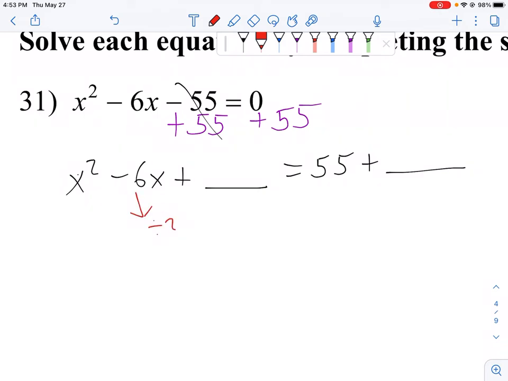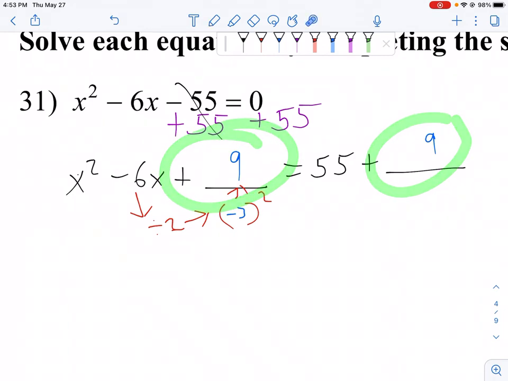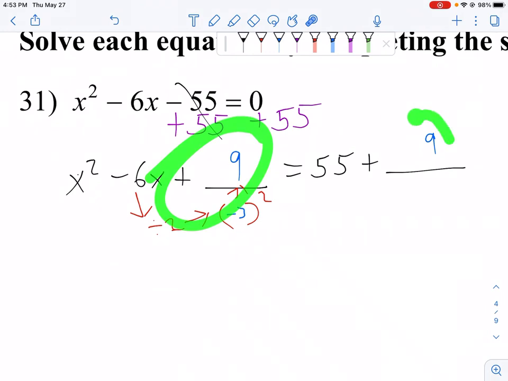So we're going to cut it in half by dividing by 2. And then once we've found half of it, we're going to square that value, and that's what goes up here. So negative 6 divided by 2 is negative 3, and negative 3 squared is positive 9. Again, this is a scale, so as long as I add 9 to both sides, my scale stays balanced.